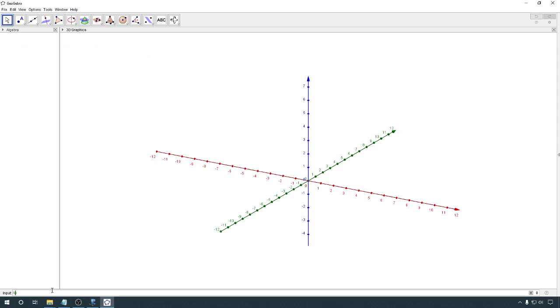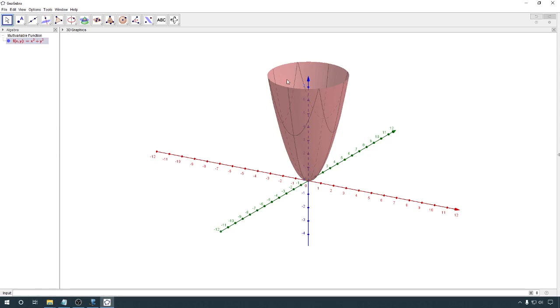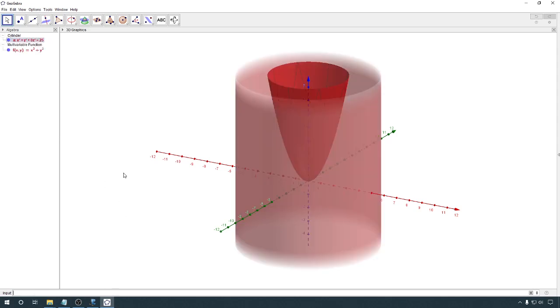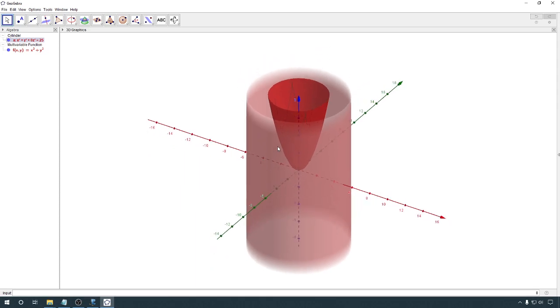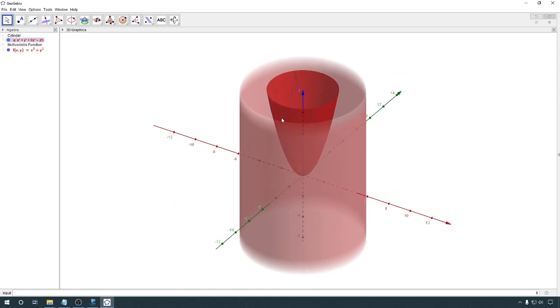Of course, we can go ahead and graph that paraboloid if we want to take a look at it. So we have this thing here. If we want to, we could also graph the disk. I'm just going to graph the circle, graphed as a cylinder. I guess we're thinking about what is the volume underneath this paraboloid that is contained in this cylinder.